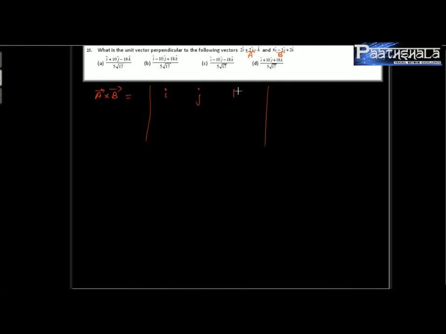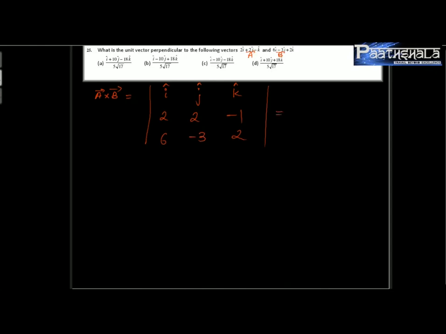I, J, K. If you know how to use the determinant method, it is pretty straightforward and hassle free. So you need to know what determinants are and how they are solved. So this is I, J, K. This is 2, 2, minus 1, and this is 6, minus 3, 2.